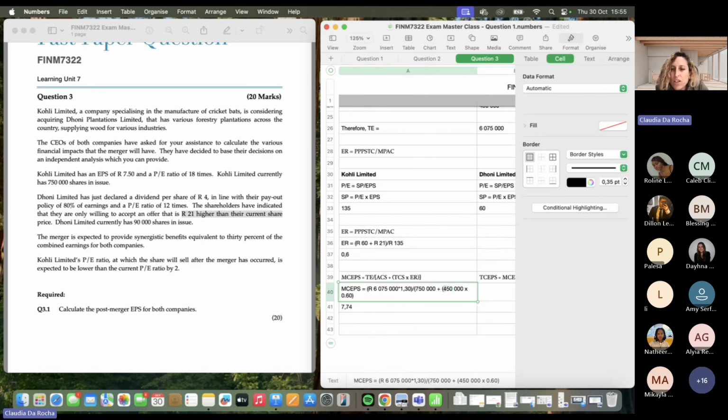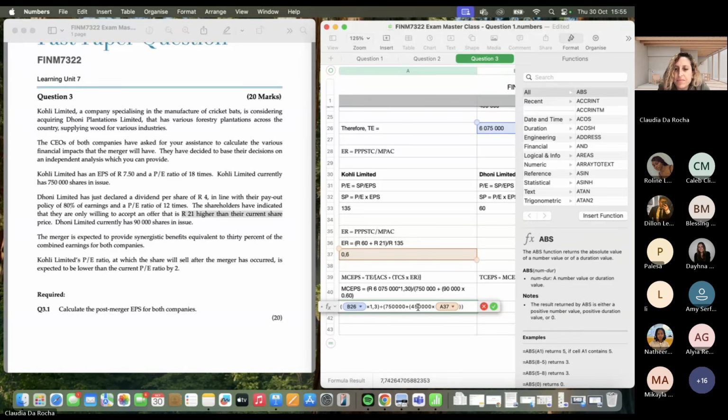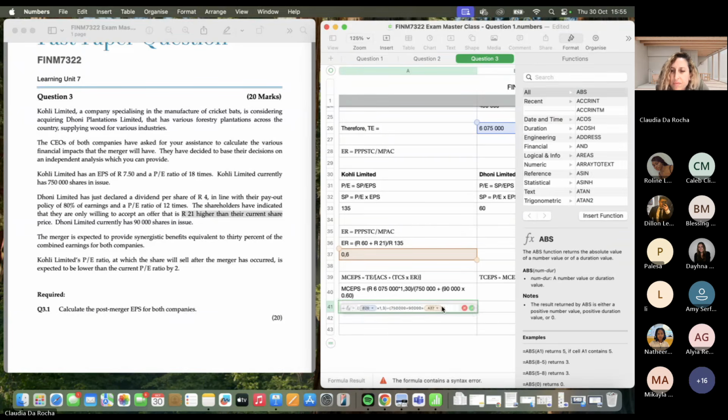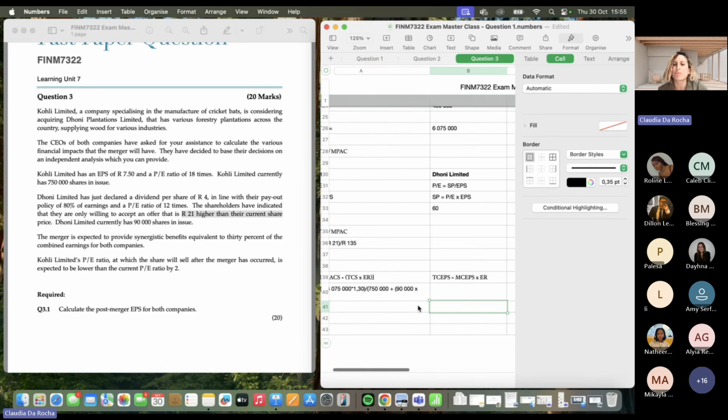I've added the wrong shares. There we go, 9.8. Cool.